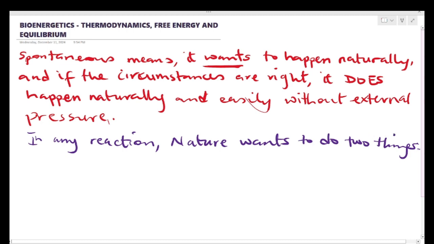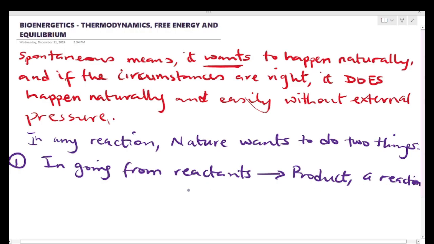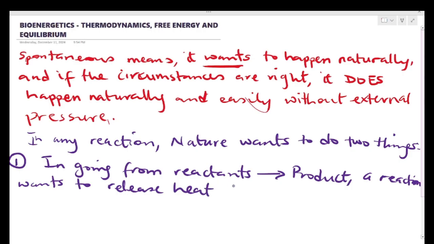And what are they? Number one, in going from reactants to products, a reaction wants to release heat.